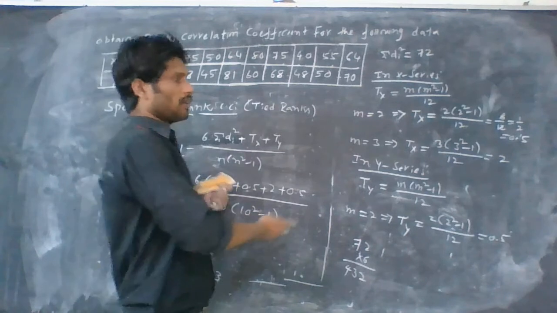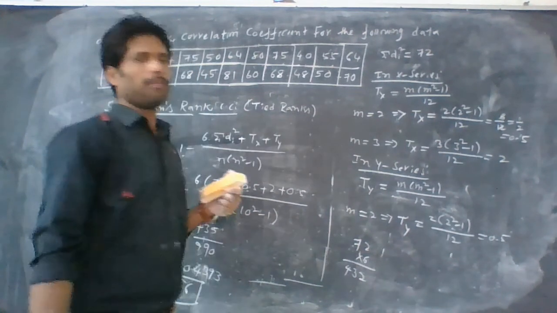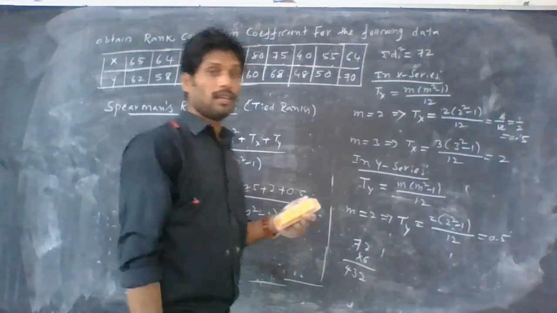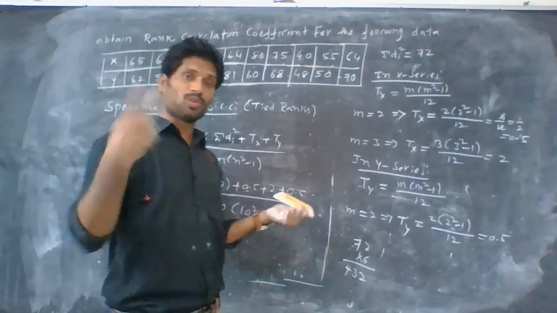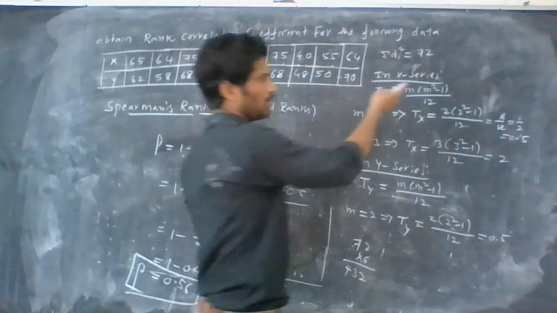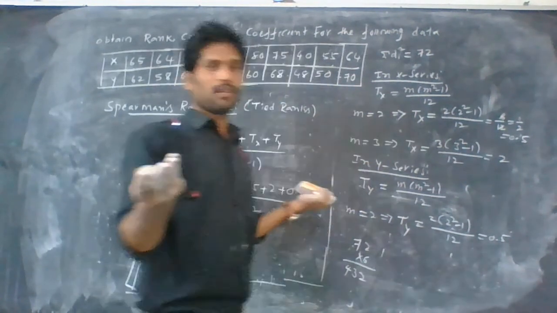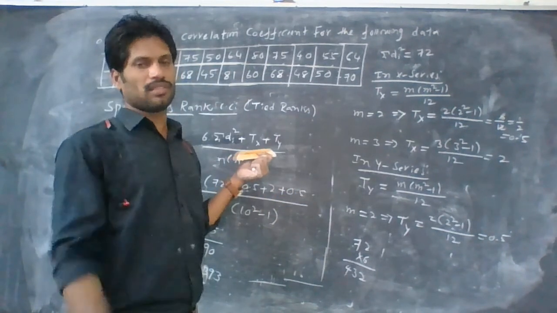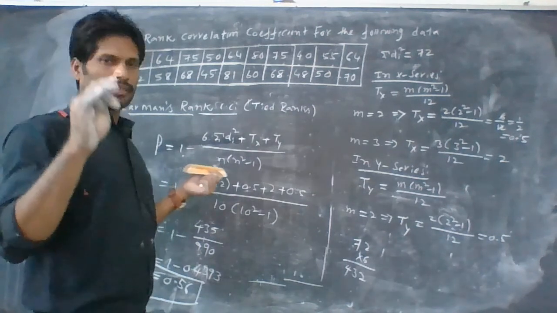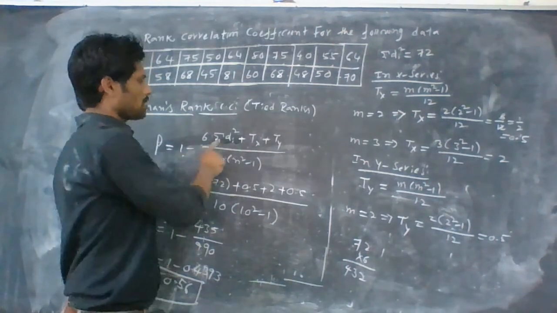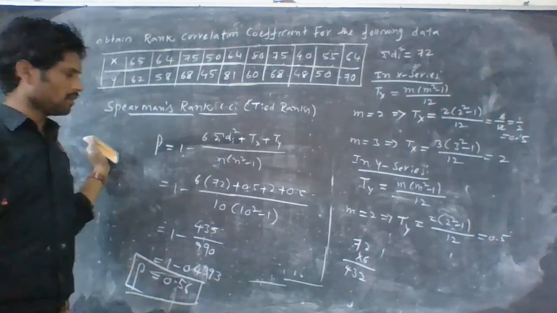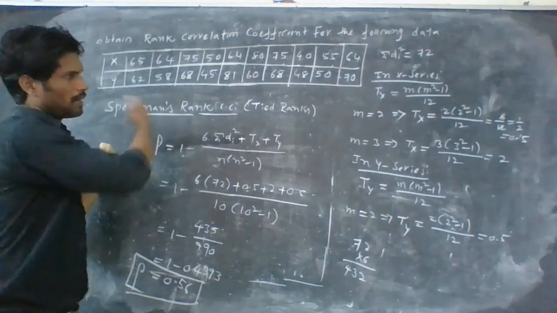For any repeated rank, you can use m into m square minus 1 by 12 in X series and in Y series, repeated 5 times, 4 times, 2 times, but not one time. For a single time, substituting m equal to 1 gives 1 minus 1, which is 0, and 0 times anything is 0. So only repeated ranks are applicable. So 6 into summation d square plus Tx plus Ty by n into n square minus 1, substituting the number of items in place of n.